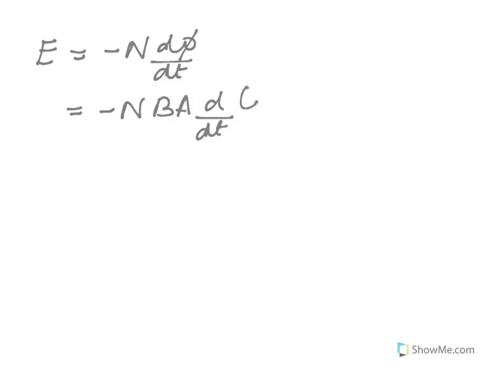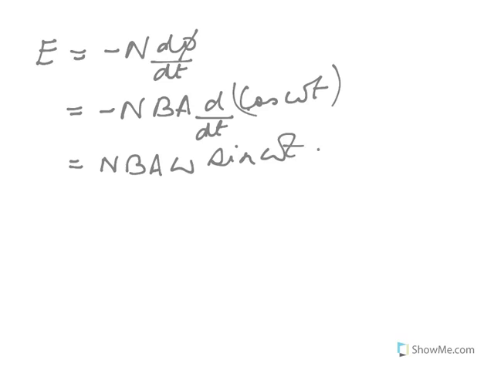Differentiation of cos is minus sine, so the minus goes away, NBA omega sine omega t. So E can be written as E0 sine omega t.